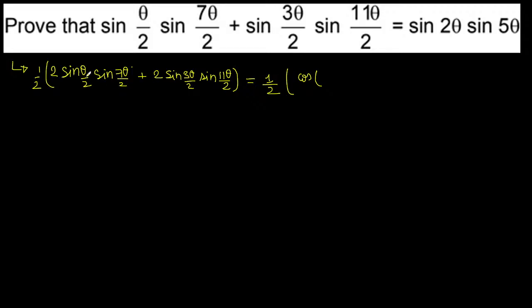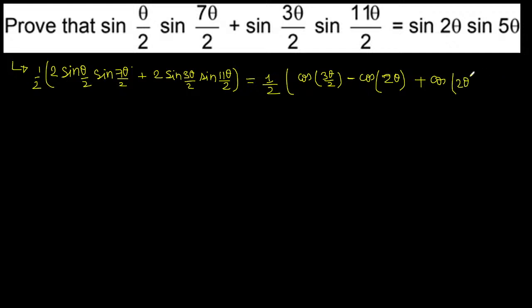So 7 theta minus theta by 2, 6 theta by 2, 3 theta by 2, minus cos (c plus d) by 2, 5 theta by 2. Here we have cos 11 theta minus 3 theta is 8, 8 by 2 is 4, 4 by 2 is 2.